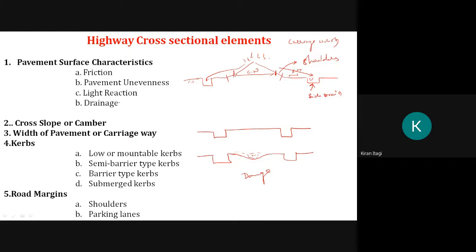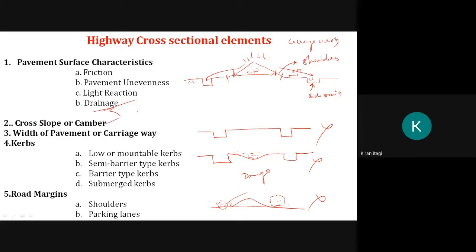So proper drainage should be there. If you have not provided the drainage here, the rainwater will be accumulated at the shoulders. This should also not happen. So this is about the drainage.